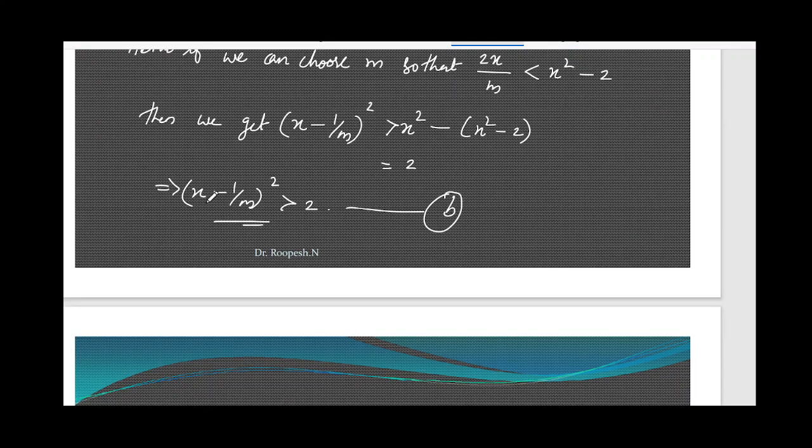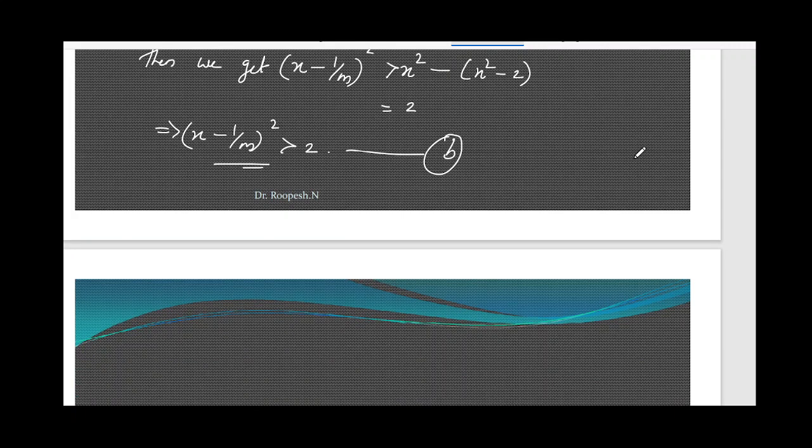So now we get that x minus 1/m belongs to S. Now by our assumption, x square is greater than 2, which implies x square minus 2 is greater than 0, which implies (x square minus 2) by 2x is greater than 0.